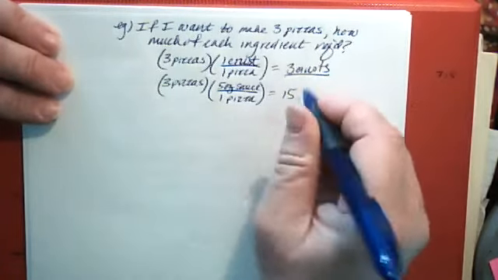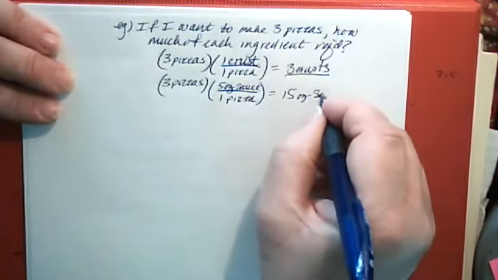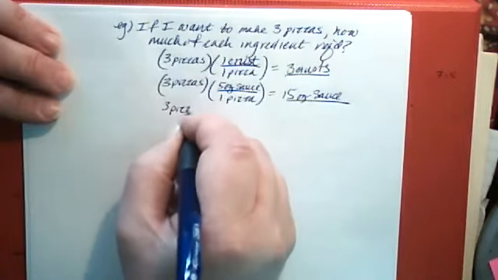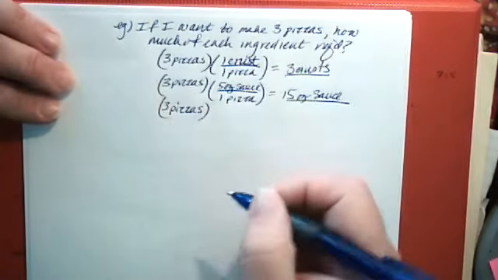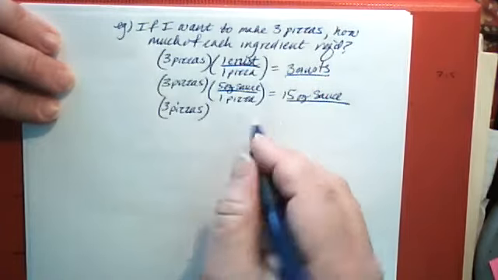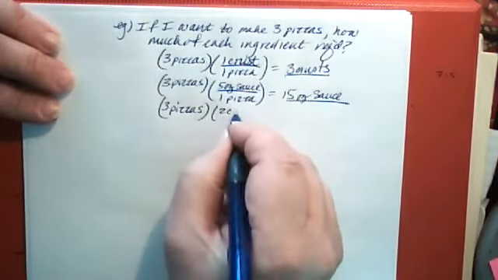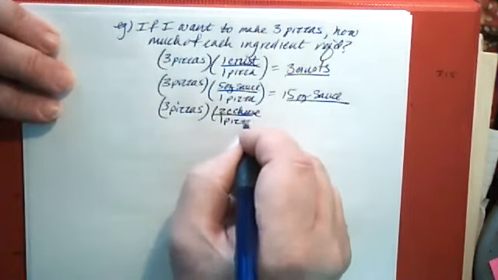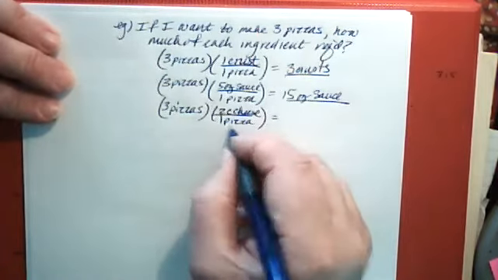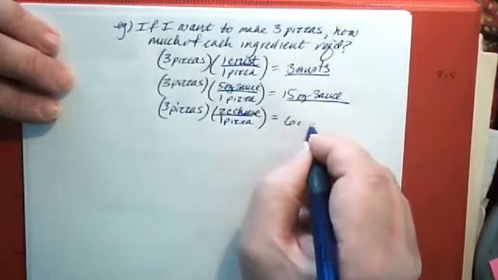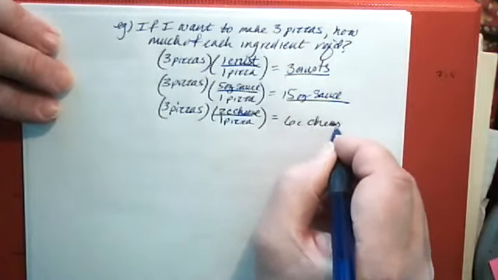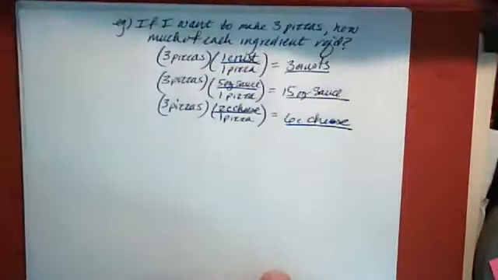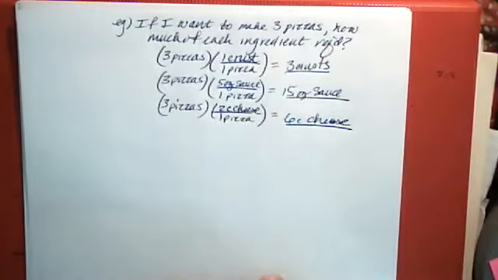And surprise, surprise, we need 15 ounces of sauce. And again, we want 3 pizzas. We need 2 cups of cheese for every 1 pizza. And that means that we need 6 cups of cheese. So pretty straightforward as a concept.